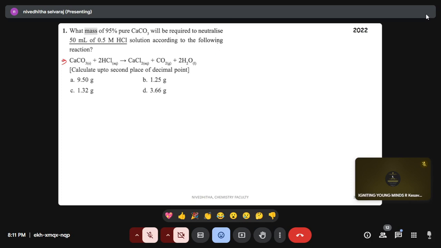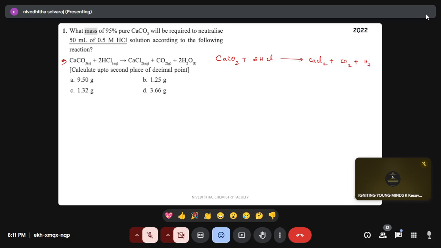Balanced, ma'am. Balanced, so we have no problem. And the basic inference from this balanced equation is, calcium carbonate is reacting with HCl. Hydrochloric acid is an acid. Calcium carbonate is a base. So basically this is a neutralization reaction, so we'll end up with a salt.